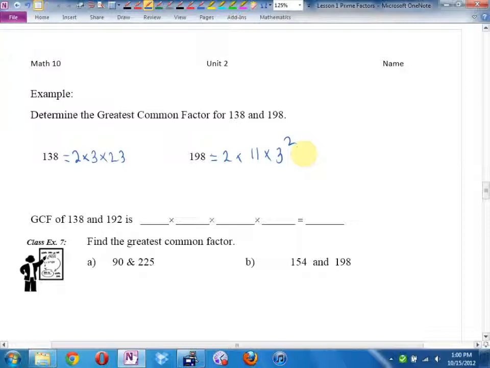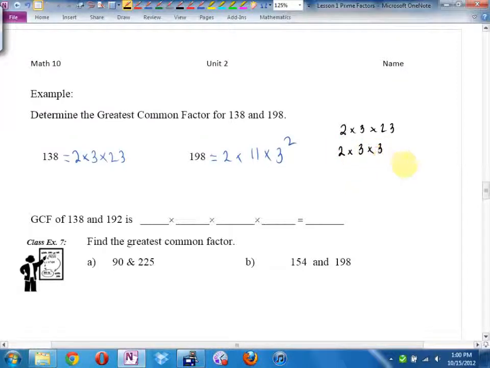Now, to get the greatest common factor, what you want to do is visualize these 2 rows of numbers right on top of each other. In fact, over here in the margin, I'm going to go 2 times 3 times 23, and underneath it I'm going to go 2 times 3 times 3.